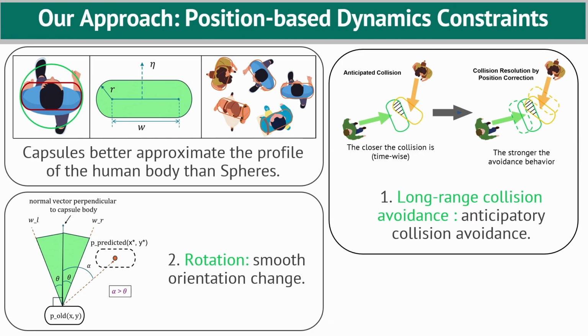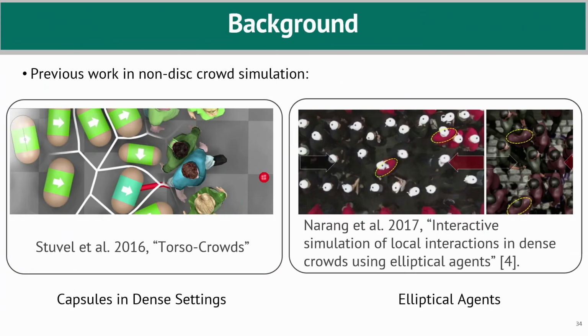We use position-based dynamics constraints, specifically long-range collision avoidance for anticipatory collision avoidance, and also a rotation constraint to smoothly change the orientation of the capsule crowds. There are some other previous works where the torso crowd on the left is specific to some dense scenarios, and the elliptical on the right is also a more conservative approximation of the human torso profile compared to capsules.